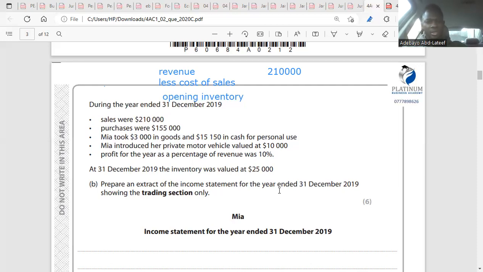That's drawings. Minus the closing inventory, 25,000. So the total is 147,000. You take it away from 210,000, which is your revenue, the total sales. 210,000 minus 147,000.